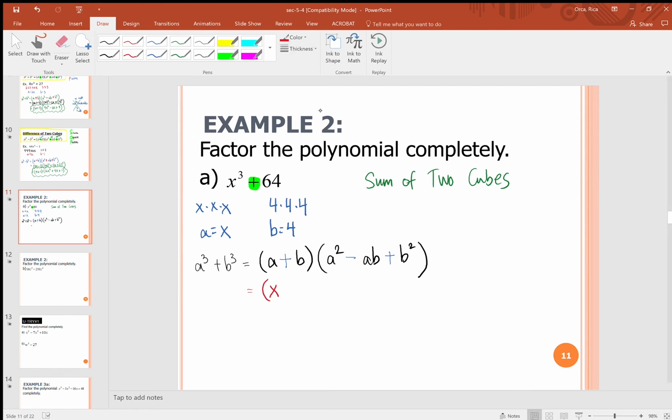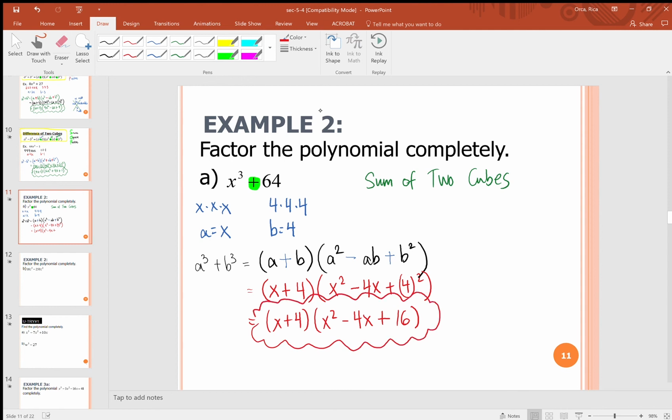A is x plus B is 4 times x squared minus A times B, so 4 times x is 4x plus 4 squared, which is equivalent to x plus 4 times x squared minus 4x plus 4 squared, which is 16.